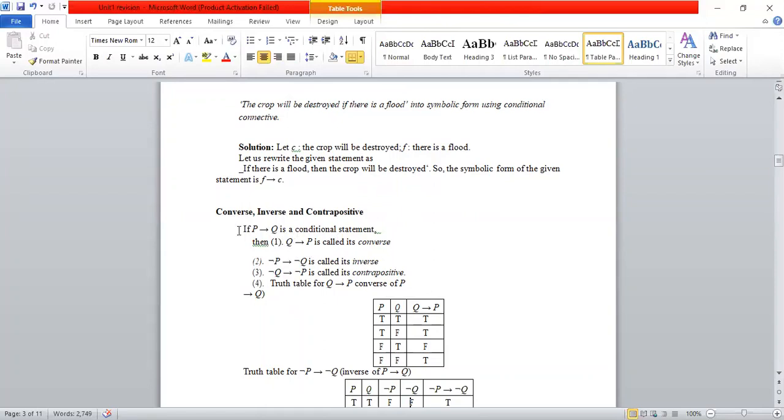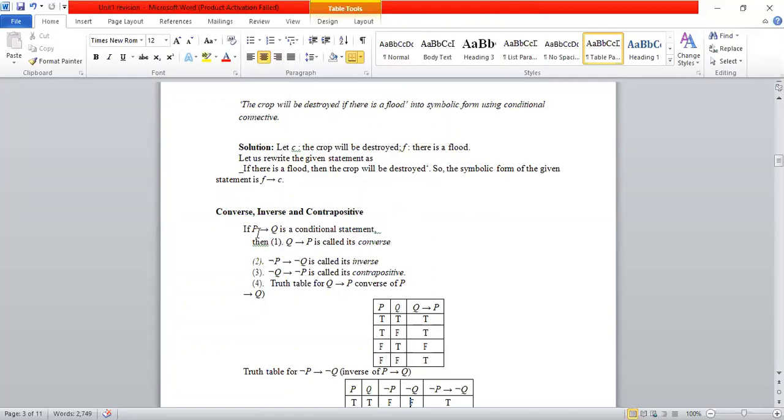Q conditional P is called its converse. Negation P conditional negation Q is called its inverse, and negation Q conditional negation P is called its contrapositive. So: inverse, converse, contrapositive.